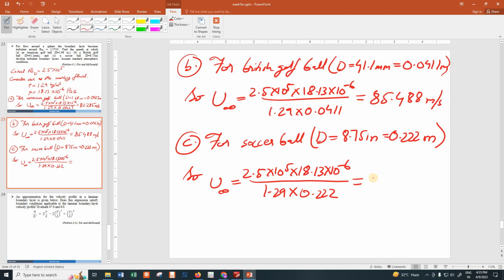Okay, so this will become 2.5 into 18.13 is equal to divided by 1.29 into 0.222, which gives 15.827 meters per second.